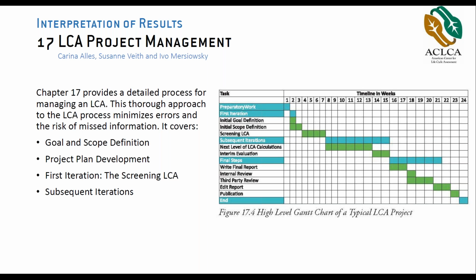And one of the things that they kept saying over and over again, which I thought was fairly amusing, is that it's iterative. You do it over and over again. So they were being iterative in their textbook chapter. But they're absolutely right that it's important to have multiple eyes looking at each calculation, and that it is an iterative process. You find something out, and it changes how you're doing it. So a lot of useful graphs and charts to help people manage their project and get it done in a timely and cost-effective fashion.